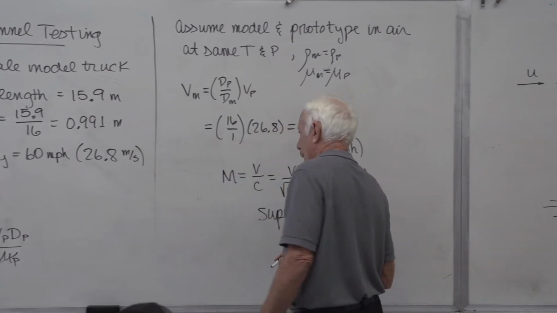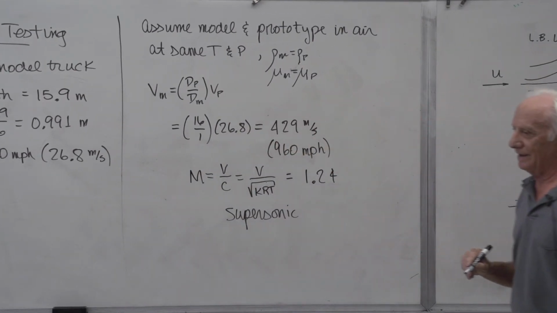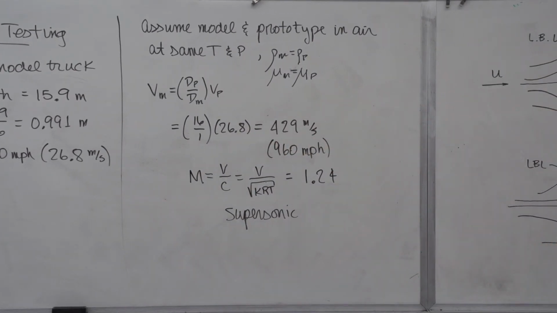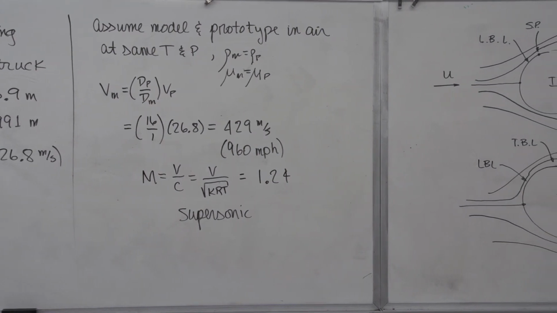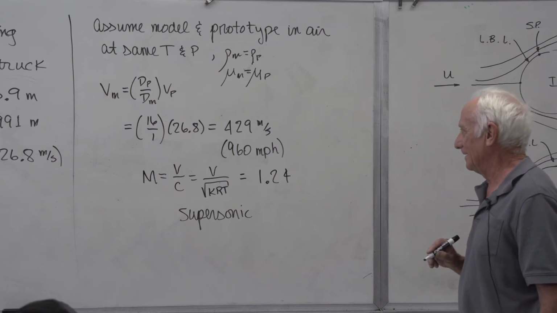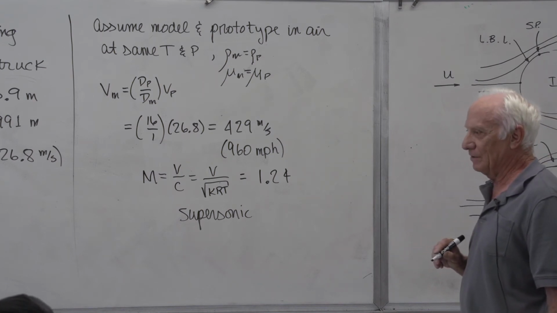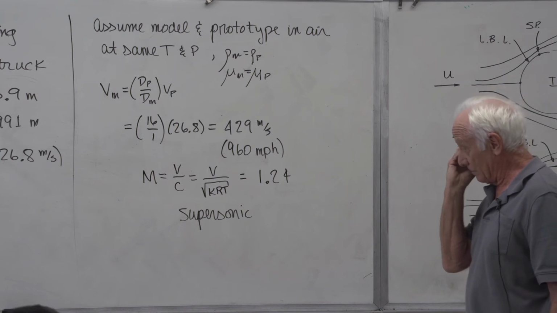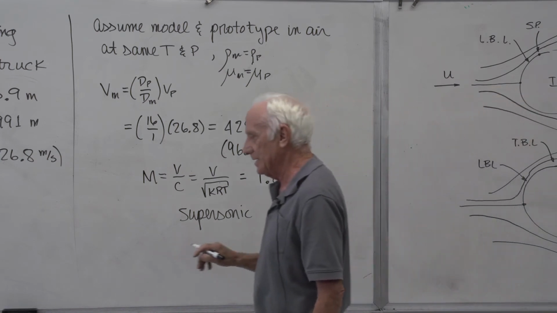No, I don't want that. I don't want to put that model in a wind tunnel where the velocity of the air is almost 1,000 miles an hour. Oh man, no, absolutely not. My wind tunnel is a subsonic wind tunnel. My wind tunnel maximum Mach number is 0.6.